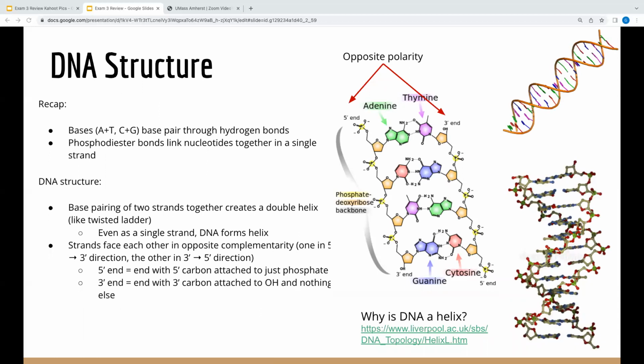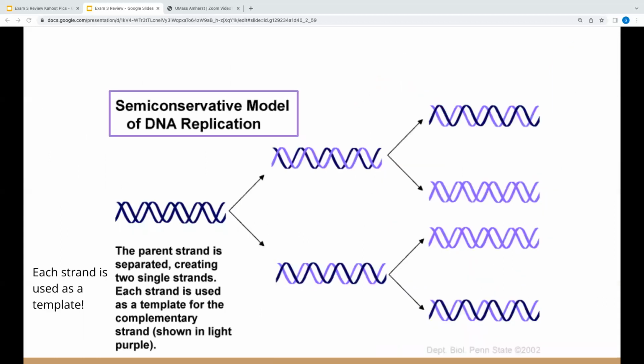This is just a quick recap of that. The way that DNA replication works, obviously, how the DNA makes it through to the daughter cells, is that the parent strand is separated into 2 single strands, and then copies are made based on those as templates.